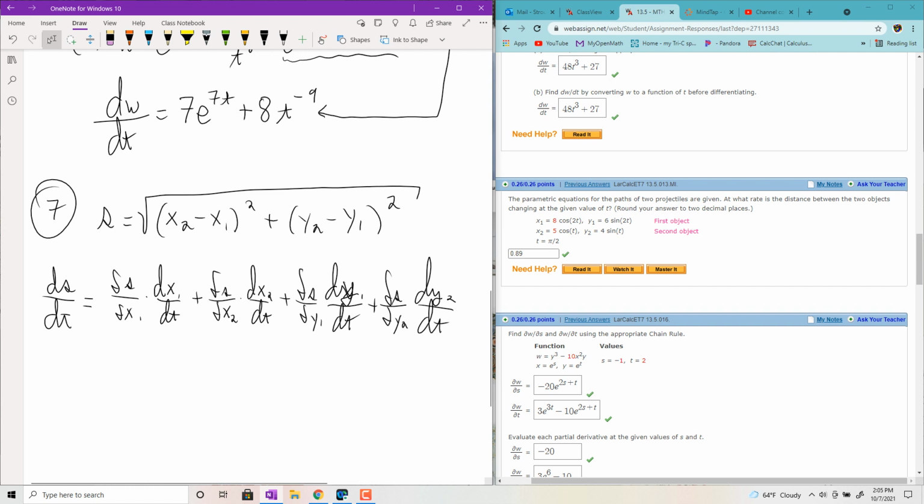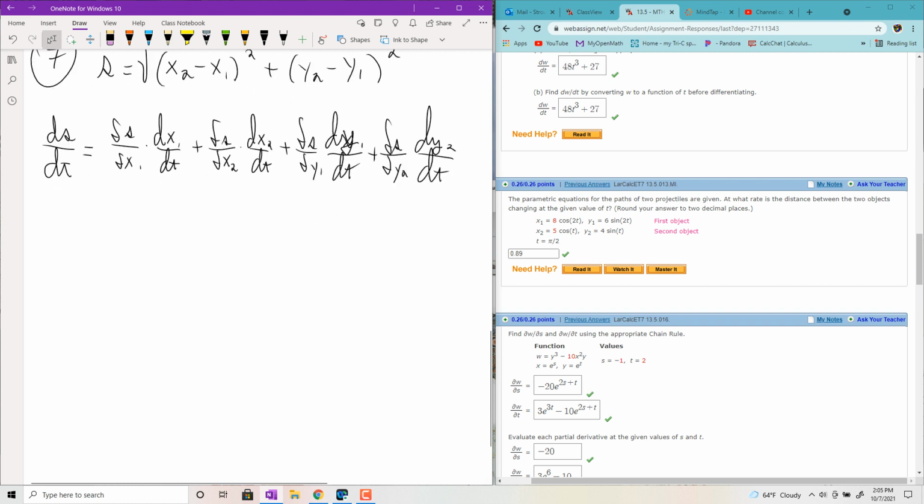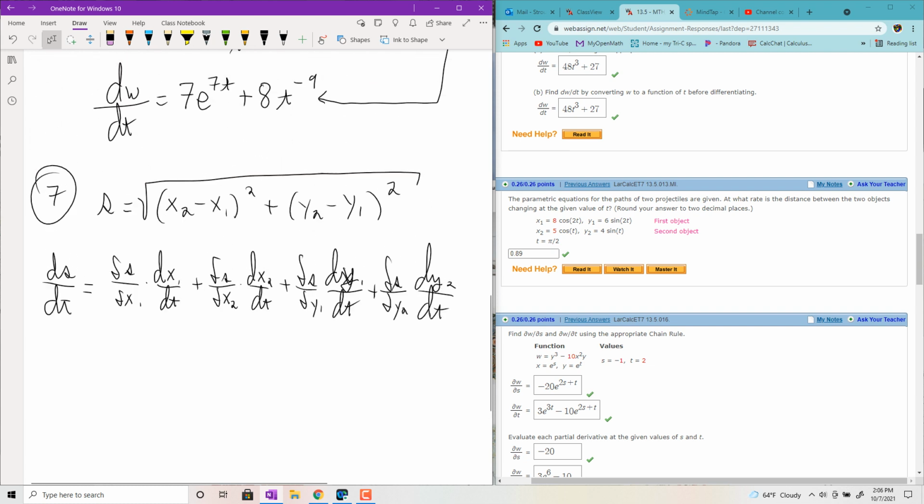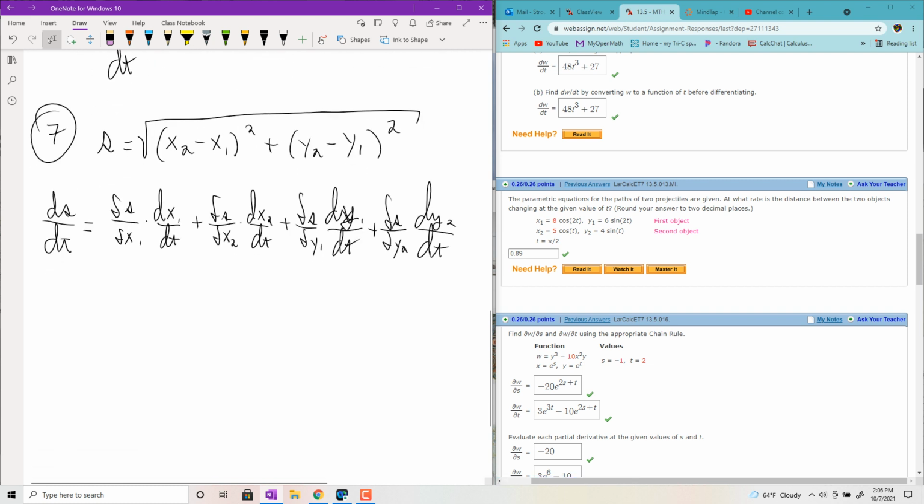What I'm going to do is work one at a time, and then evaluate each at their appropriate values. So in our case, t equals pi over 2. First I'll start with the partial of s with respect to x1.